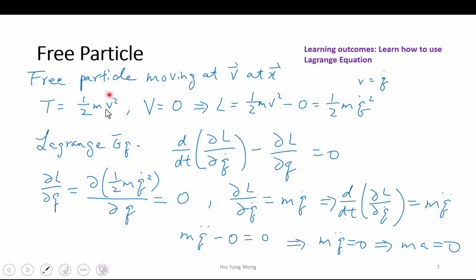I just start with the kinetic energy and the potential energy, and I find the equation of motion. This is the equation of motion of this free particle. It means that you just travel at velocity v forever because there is no acceleration. And why no acceleration? Because no force. And how can we incorporate that? Because the force determines the potential energy. Okay? So this is a simple one, but you will see that, okay?